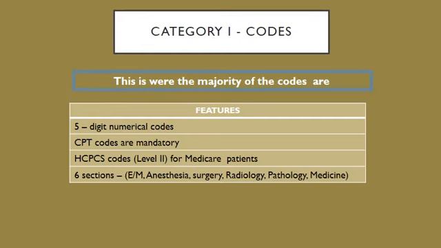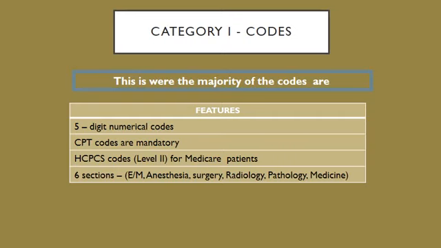Category 1. This is where the majority of the codes live. They are 5-digit numerical codes. CPT codes are mandatory for coding. Now, HCPCS codes, they're level 2 codes, and these are for Medicare patients. And the rule is, if there is an applicable HCPCS code, you use that code in lieu of the CPT code.